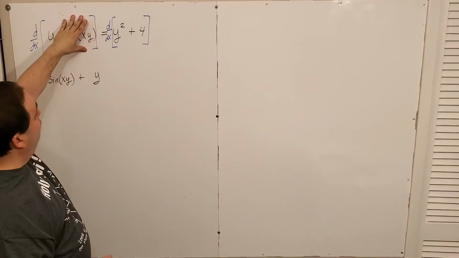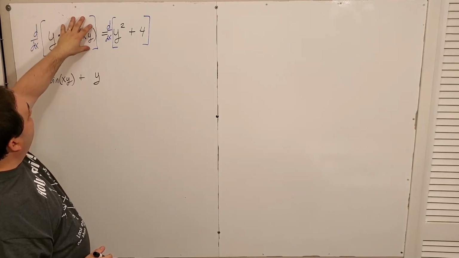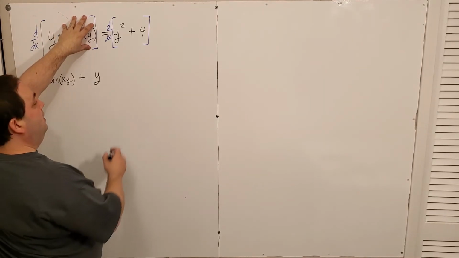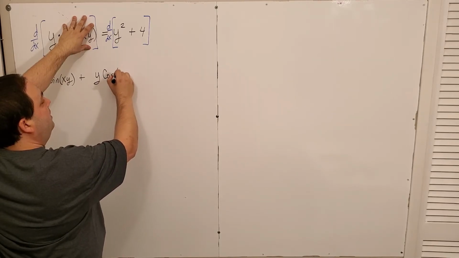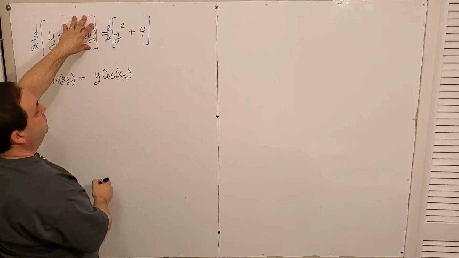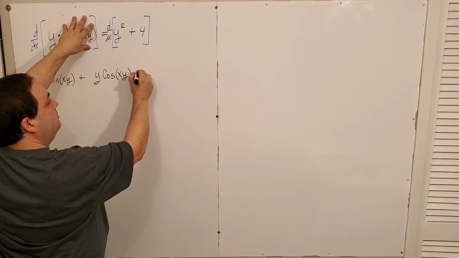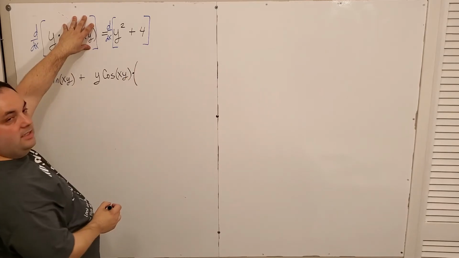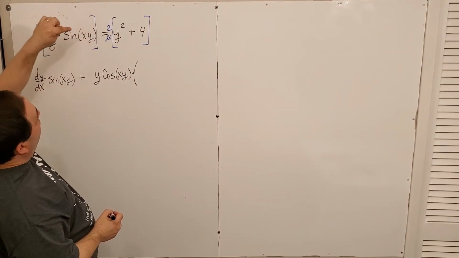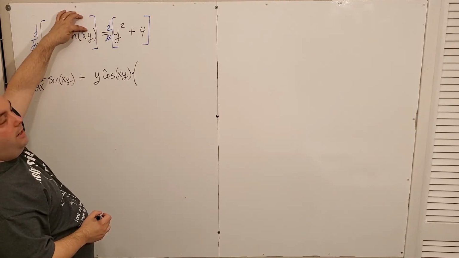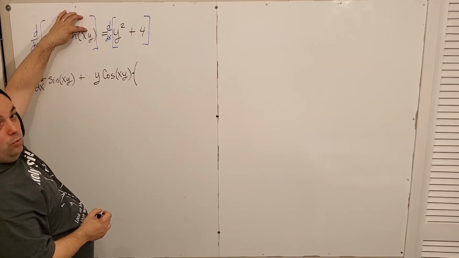Now here's the chain rule. The chain rule says I do the derivative of the sine, so that's cosine, leave the inside alone, times, and I'm going to put a parenthesis here for the times, the derivative of the inside, xy. That's a product rule.